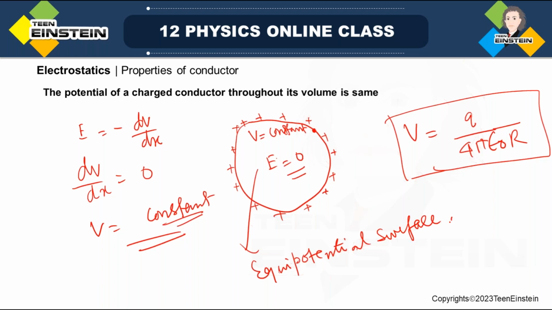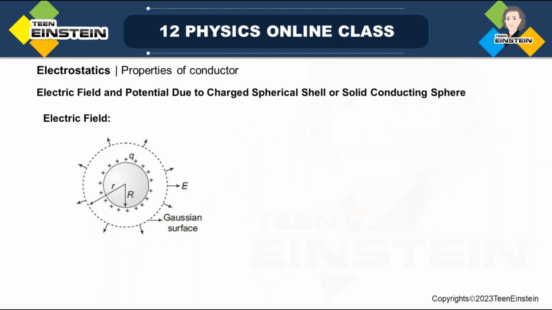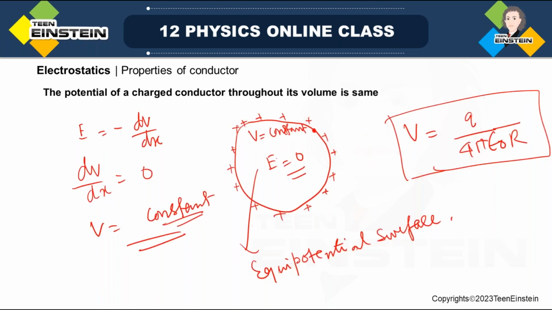That means everywhere the electrostatic potential is the same.